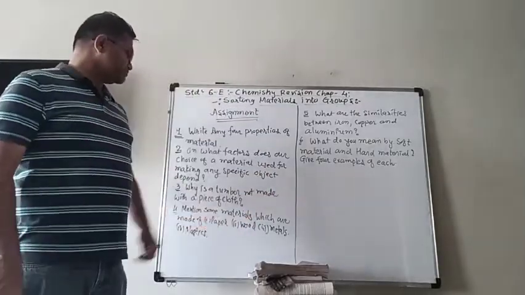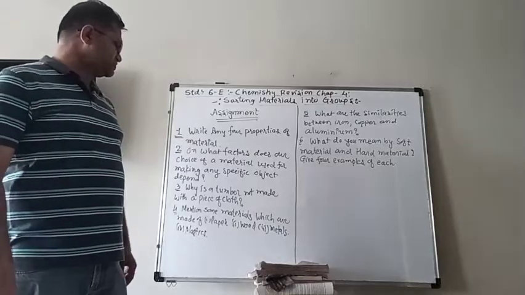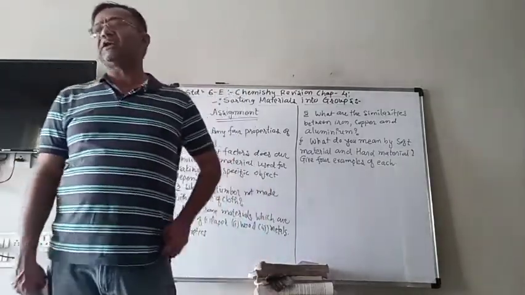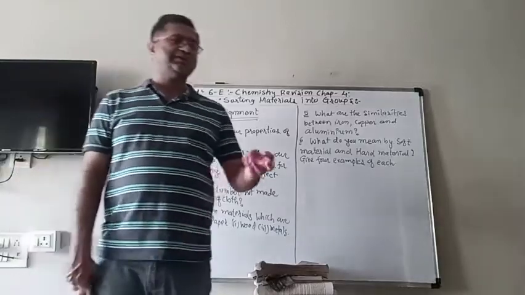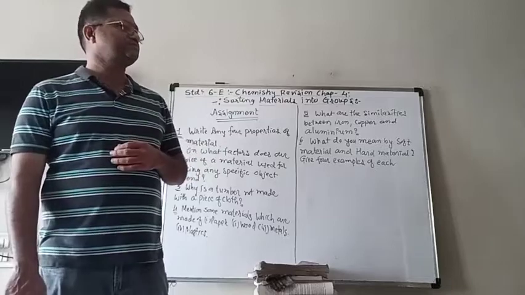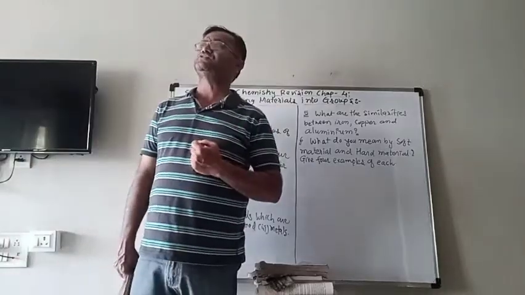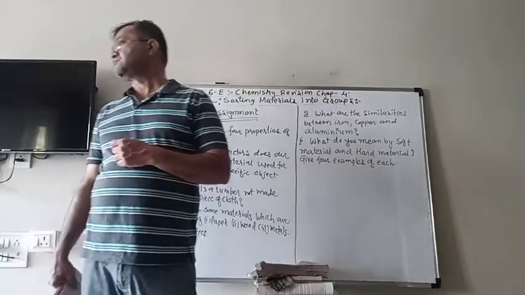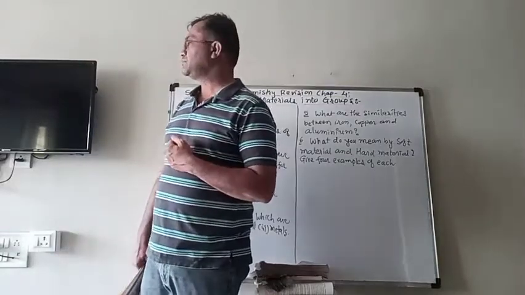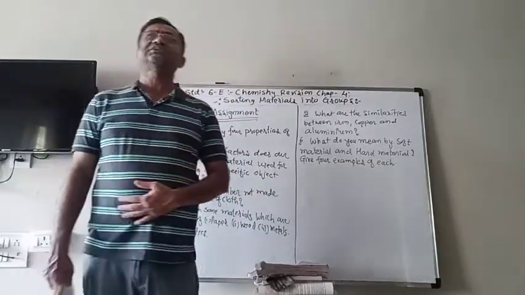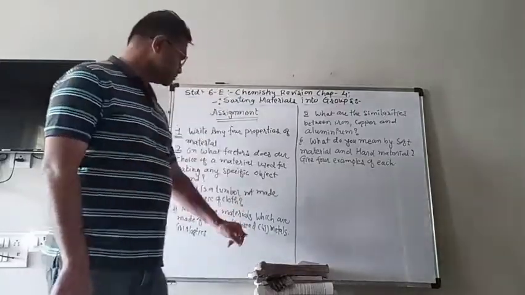You can make a list of materials which are made up of wood. For that we can have table, chairs, cupboards, doors and windows, bed, writing table, and so many more other things you can add in it.